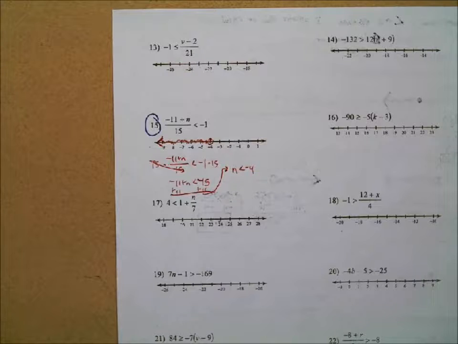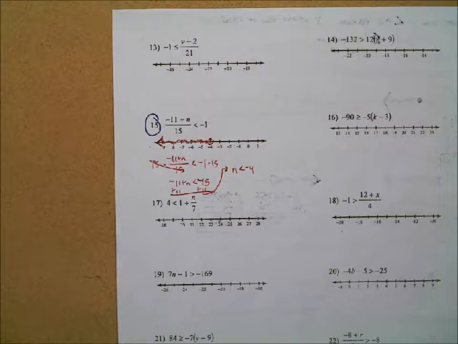Because you had that big fraction bar there, you wanted to multiply both sides by 15 first. We're multiplying by a positive 15 here, so the sign stays the same direction. And then you add 11 to both sides, and then you have n by itself. n is less than -4.